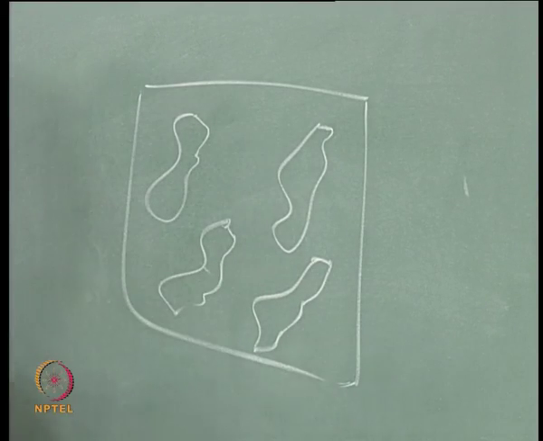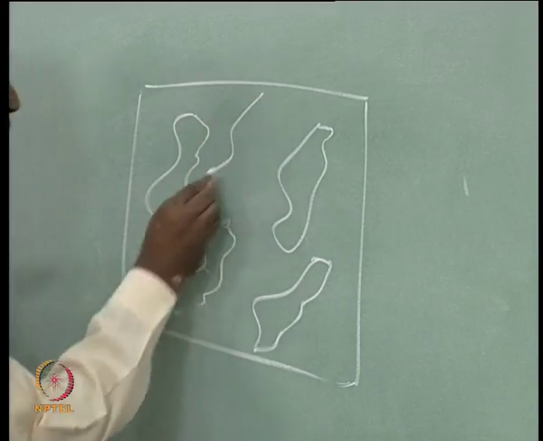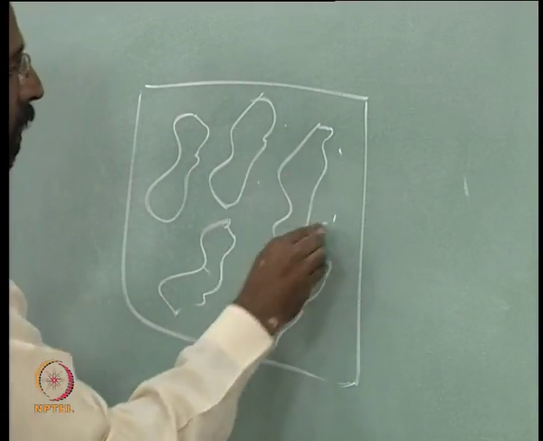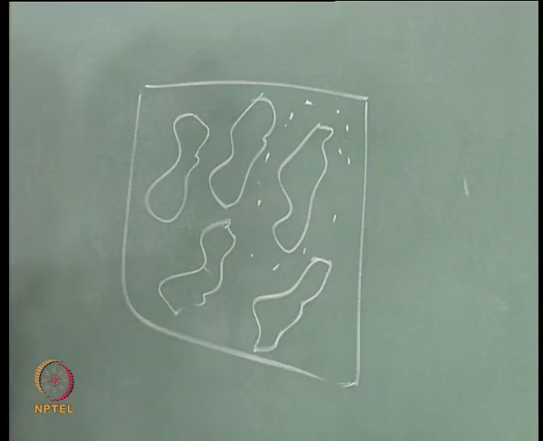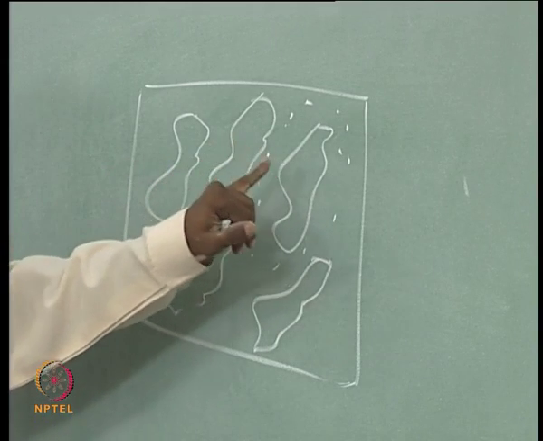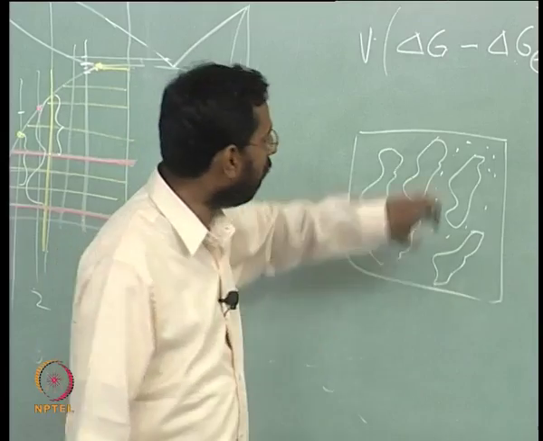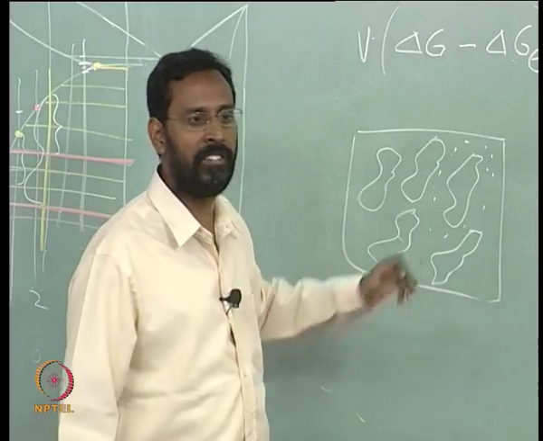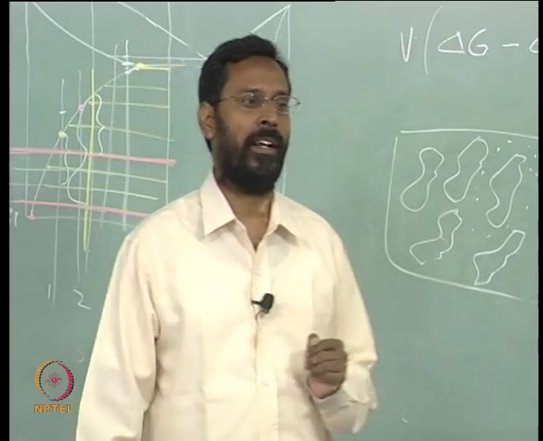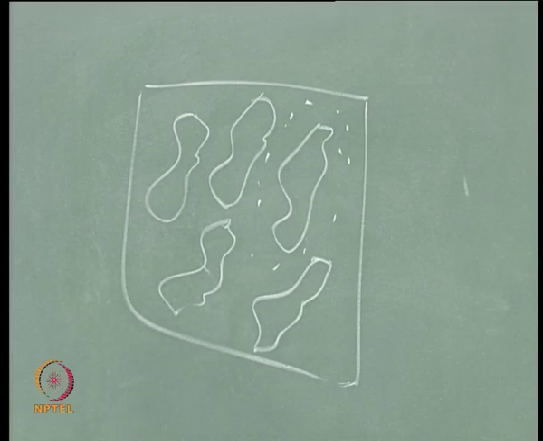Of course you can have side branches and things like that. So now the liquid that is left out is somewhere between these regions, this is all the liquid. There is no grain boundary still here. We can only talk of regions which are interdendritic regions between the dendrites, and the liquid that is left out between the dendrites is the one which is undergoing the transformation. Then the question is, where does this eutectic nucleate?